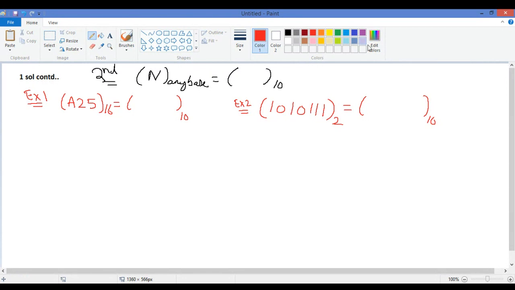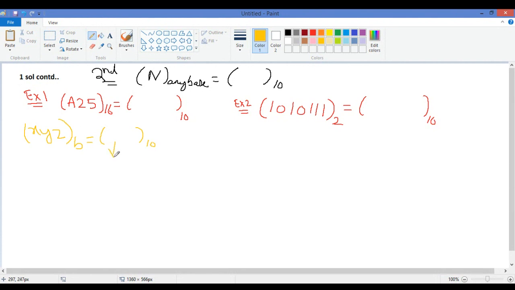Okay, so for that you remember one formula. How do you convert any base number to base 10? Any base number to base 10, there is one formula. Suppose you have number x, y, and z, and its base you don't know, it is b, and you want to convert this number into base 10.